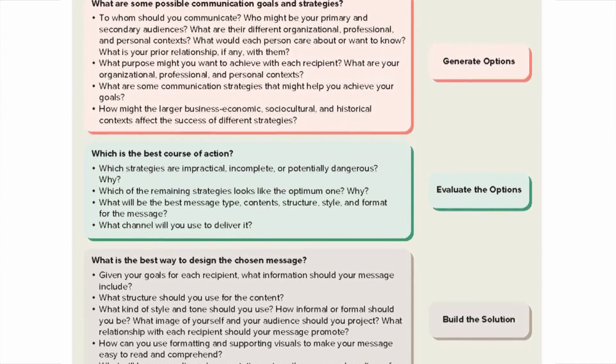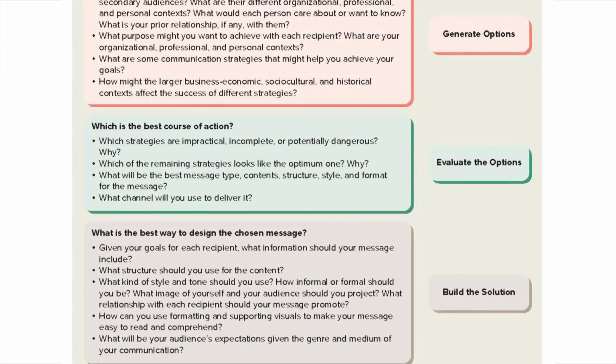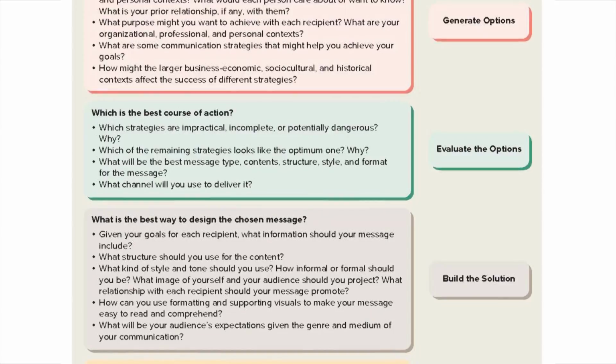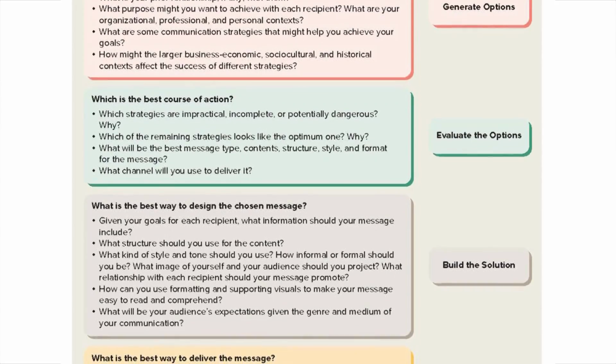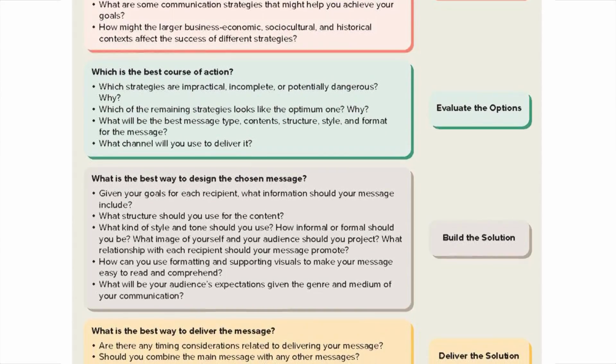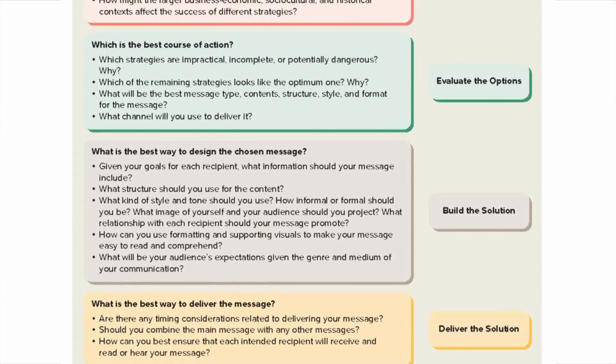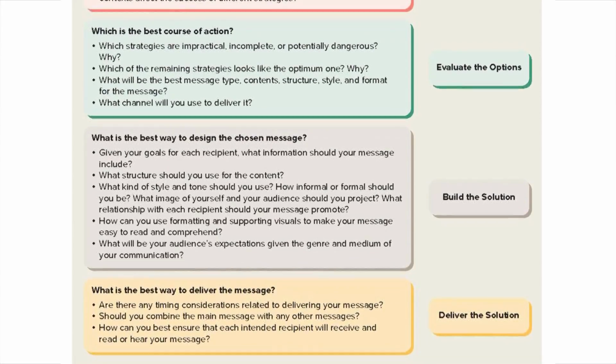And then get busy on drafting the communication. You may need to go back to the earlier steps as you're building your communication solution, since this step often makes you realize you overlooked something in an earlier step. And then finally, you deliver your solution, accompanied by any other action you think might be needed.